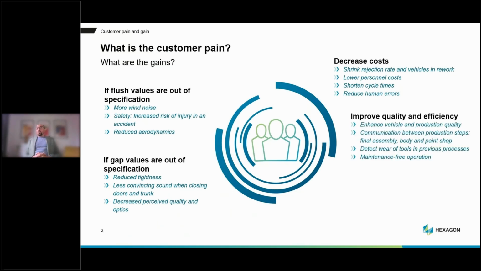Of course, we want to improve the quality and efficiency of our processes. So we want to enhance vehicle and production quality, again speaking about getting things right the first time. Communication is a very important factor. There are different production steps in all OEMs, from body in white to paint job to final assembly, and we need to communicate between all the production steps to have an excellent product in the end.